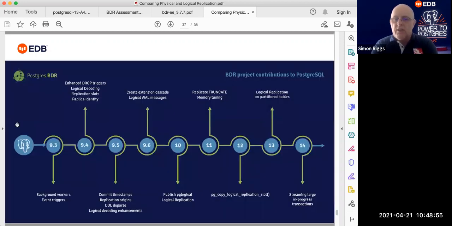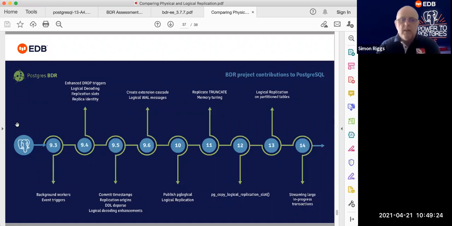And what I wanted to do here was just use a graphic to show you that with logical replication, a lot of the features from BDR have been broken off piece by piece and pushed through into Postgres core, and that's continued over the last 9 separate releases of Postgres, and continues still.